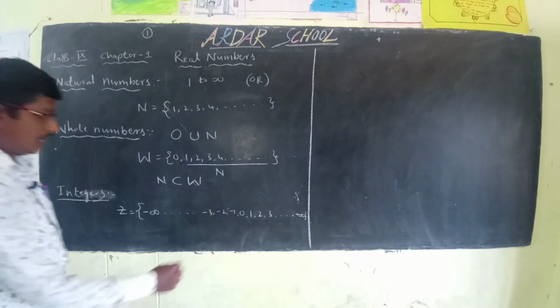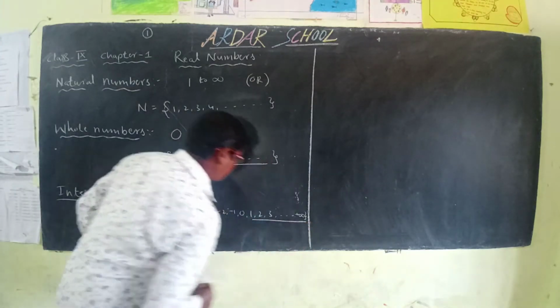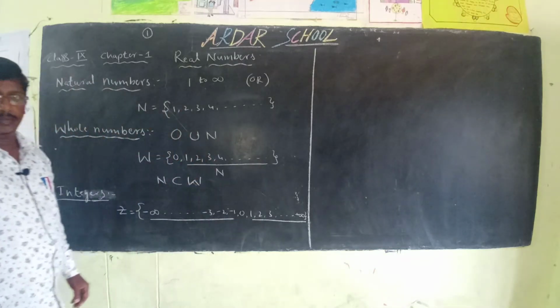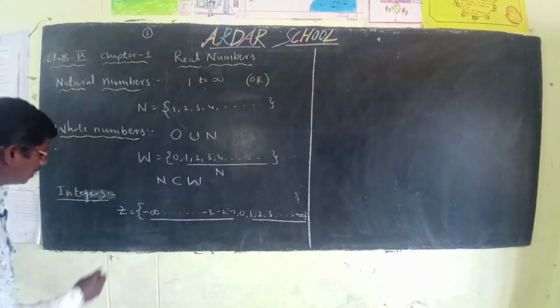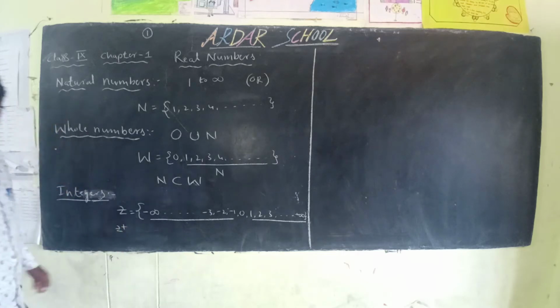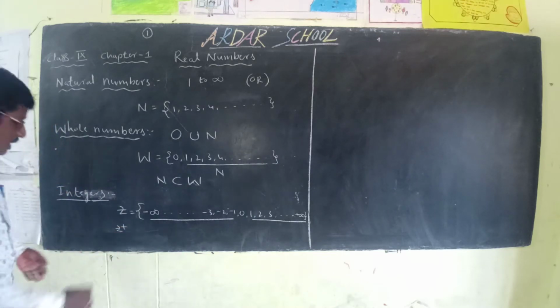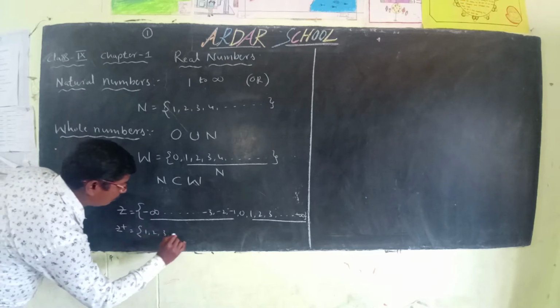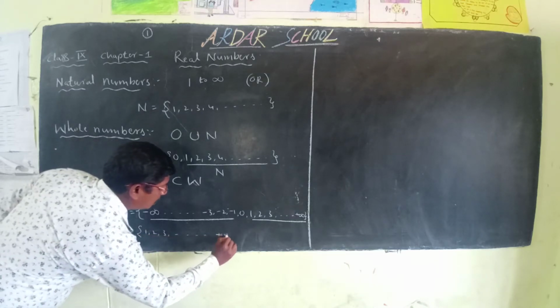These are positive integers, and these are negative integers. Positive integers are denoted by Z plus. Z plus is equal to the set of 1, 2, 3, 4 and so on.